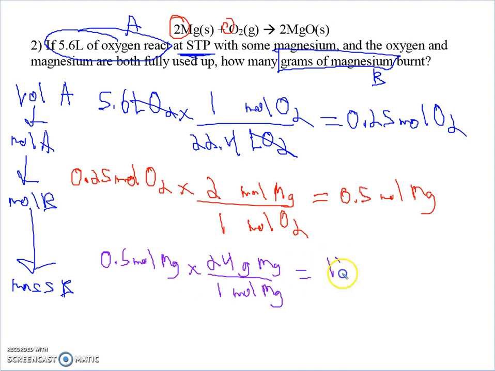Alright, and you do your math, you get 12 grams of Mg. So if I want to react 5.6 liters of oxygen, you must have burnt 12 grams of magnesium. This is the one we did, by the way, with the silvery magnesium that we lit on fire that was like brilliant, bright white. That's magnesium burning.